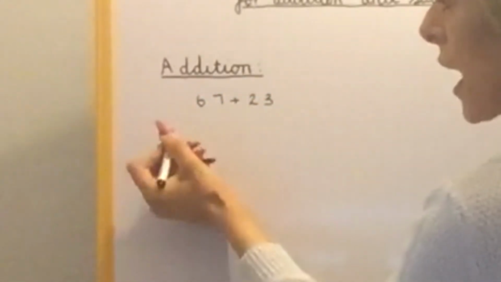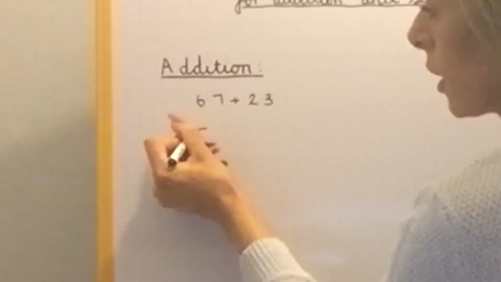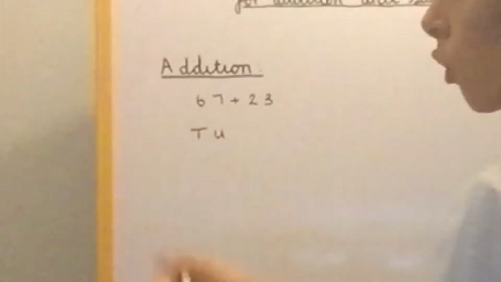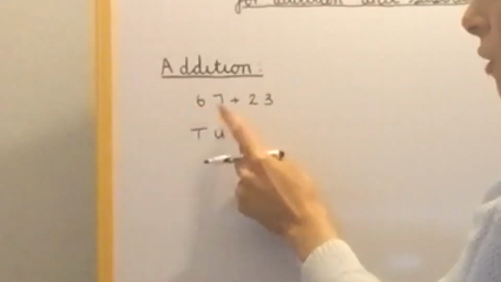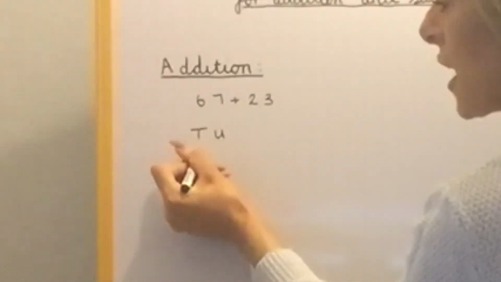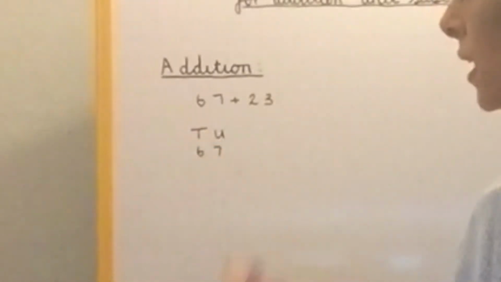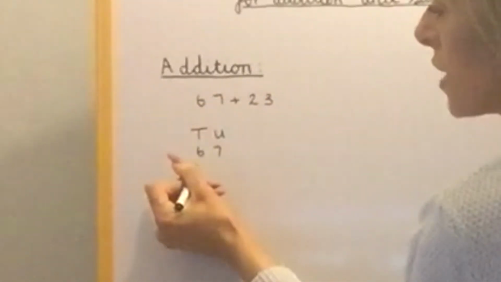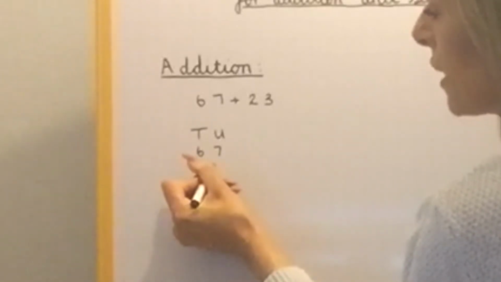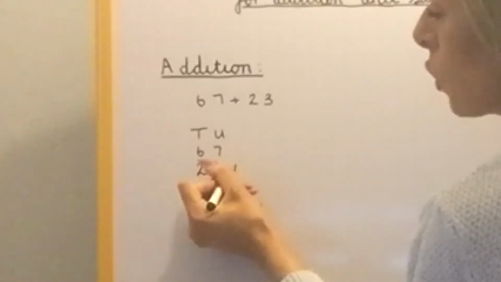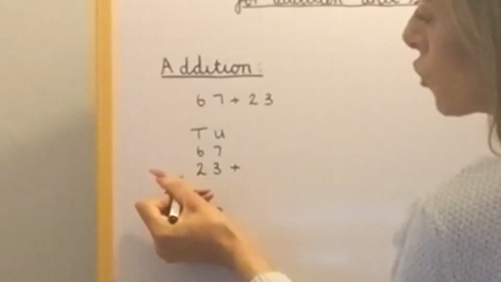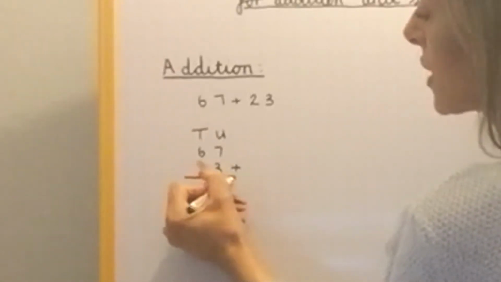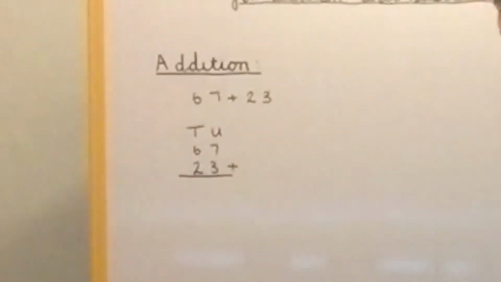Now I'm going to have my tens column and my units or my ones. And I'm going to write this number first. So I've got 6 tens and 7 units. And underneath, I'm going to write this number. So I have 2 tens and 3 units or ones. Units and ones, that's the same thing.